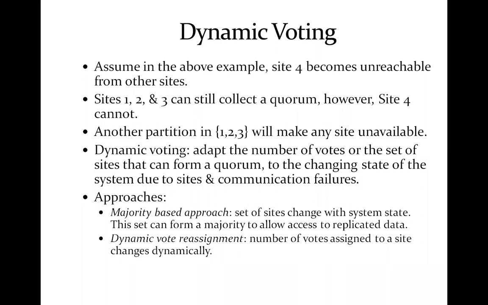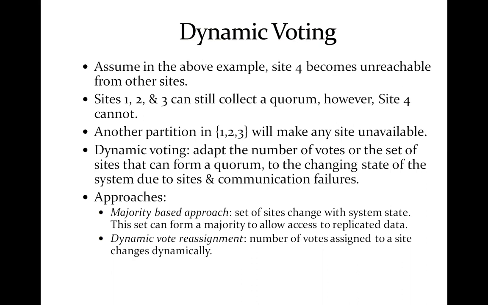When site 4 becomes unreachable from the rest of the sites, either due to failure or due to partitioning of the network, then in that case, sites 1, 2, and 3 can still collect a quorum, while site number 4 is not able to collect the quorum.